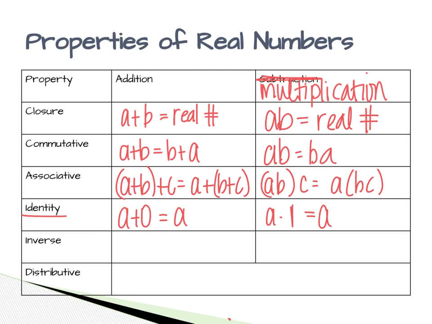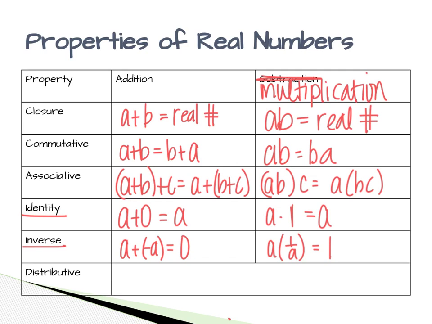So 1 is the multiplicative identity. Then you have the inverse property. So what can you add to A to get 0? Negative A. What can you multiply by A to get 1? 1 over A. Identity and inverse tend to confuse people, so pay close attention.